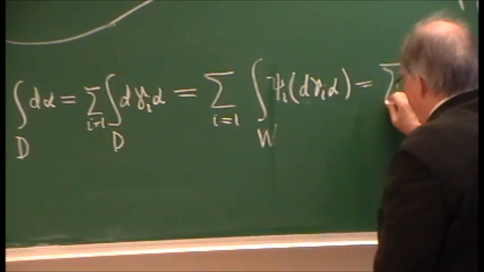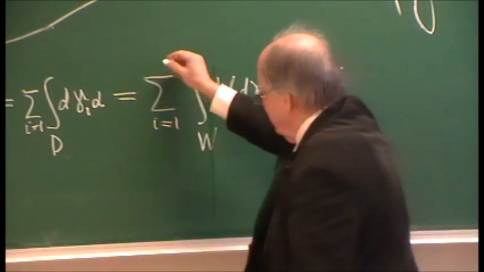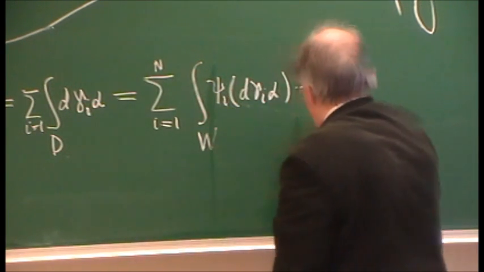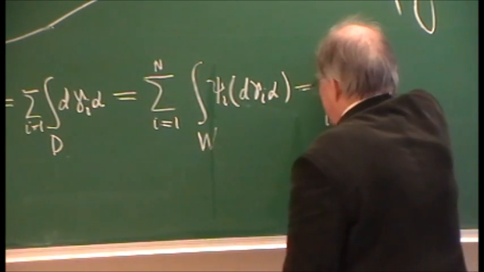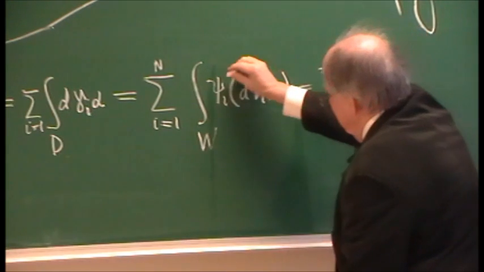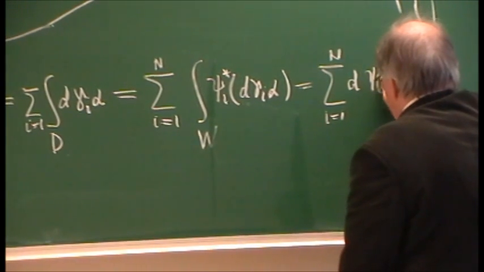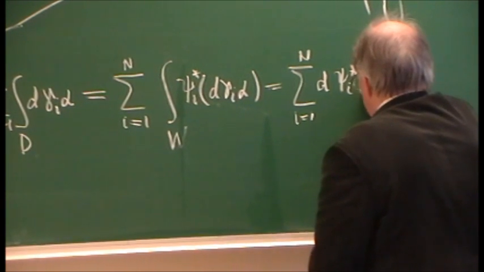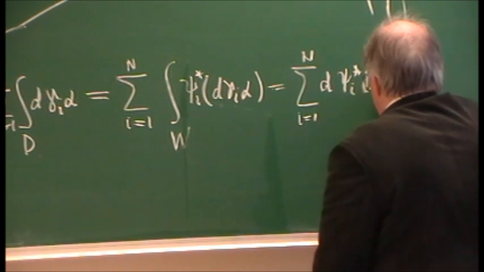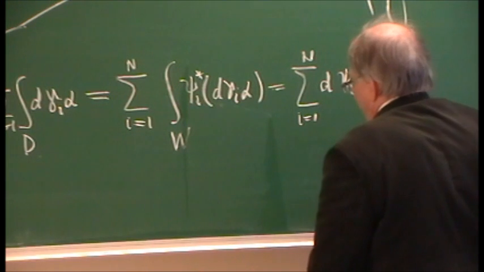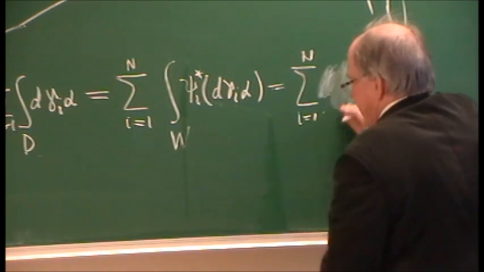Sum over the cube, I equals 1 to n, some finite number now because it's a finite cover. D commutes with pullback. D, C, of gamma I. Well, maybe I don't want to do this yet. Let's have some fun.